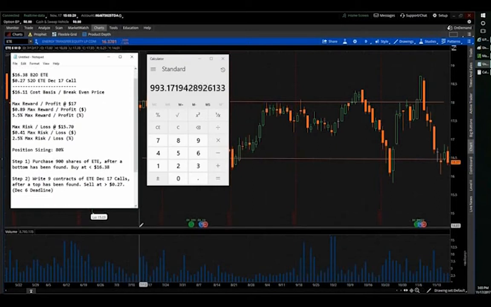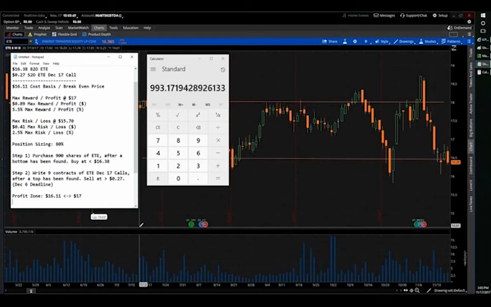Let's go ahead and summarize this one analysis all up, and then let's jump into the next ones. We have a profit zone. Our profit zone is going to be anywhere from our cost basis, $16.11, up to $17.